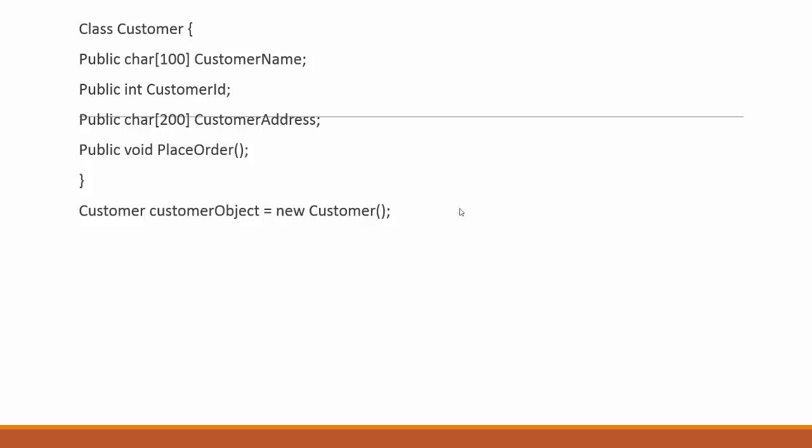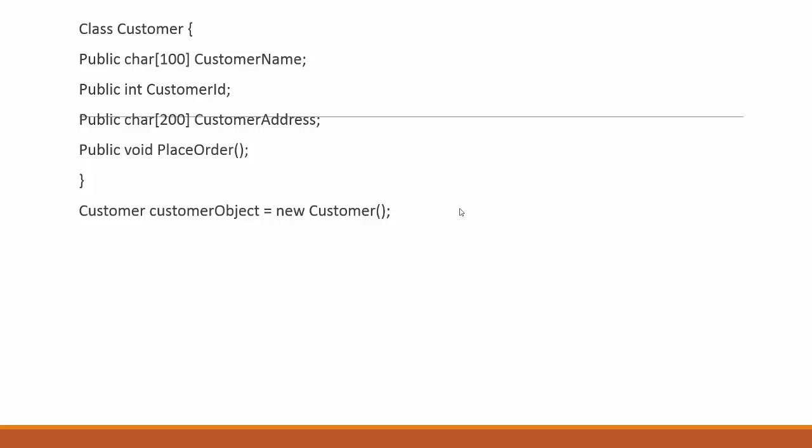These three properties and the fourth one, the method, are bundled up in one representation, which is a class. At this point, this is only an abstract representation of the data and the method.